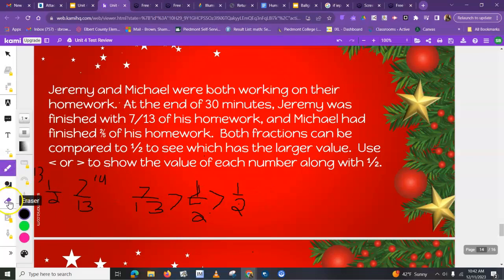This should be 2/5. Or it can be written like this. 2/5 is less than 1/2, and 1/2 is less than 7/13. So you can write it either way. But we're comparing both of these numbers to 1/2.